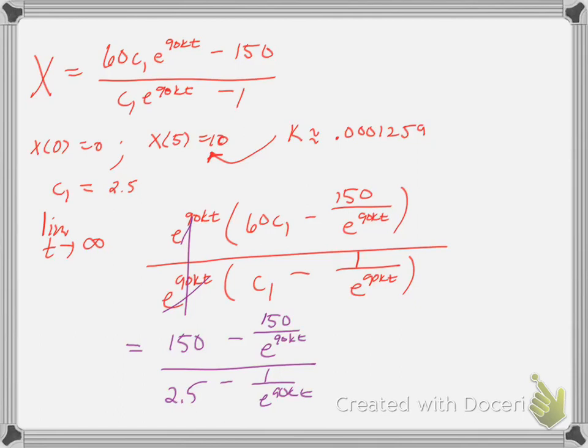And so what else happens? What else do you notice? Well, again, we're looking at the limit as t goes to infinity, right? Well, what goes on there? That's going to 0. That's going to 0. So this is 150 over 2.5, which is 60. Okay. And so that's our limiting number.